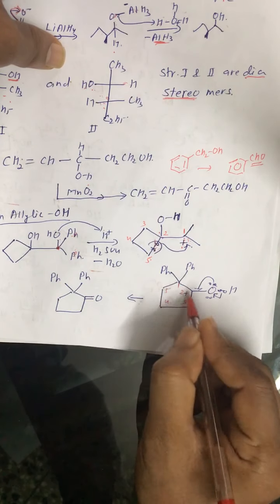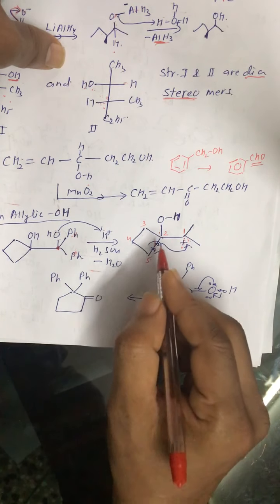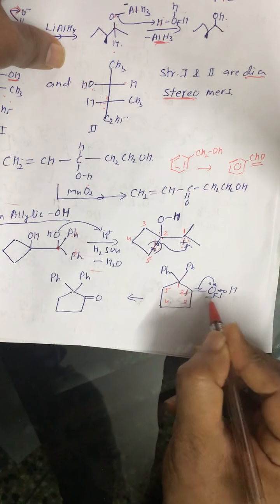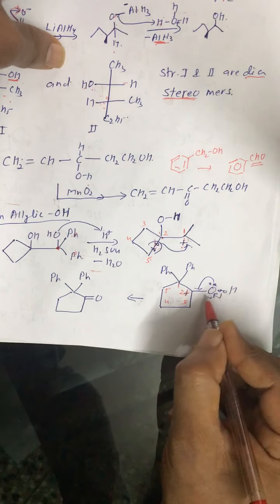Ring is expanded, we have 5 carbon atoms, and on the second carbon atom we have a positive charge to which OH is attached.